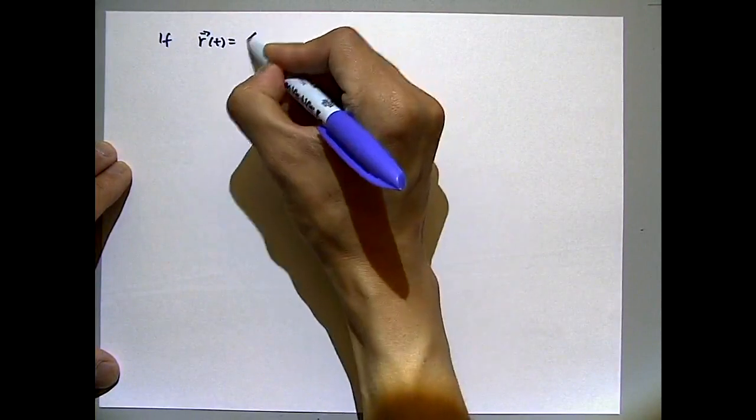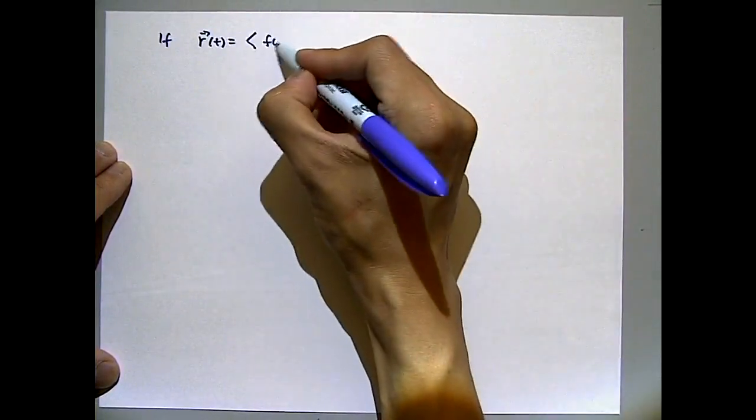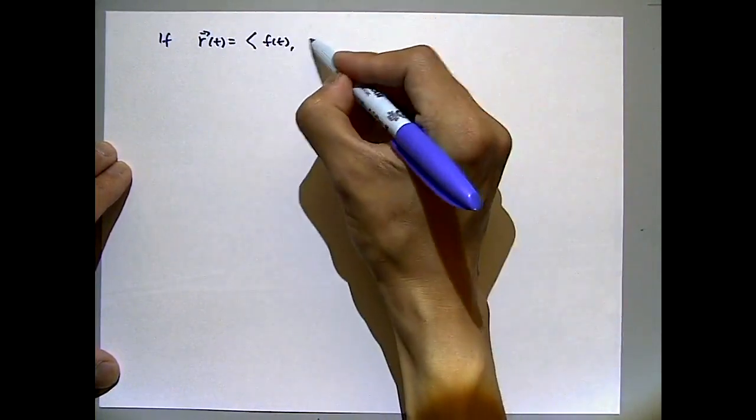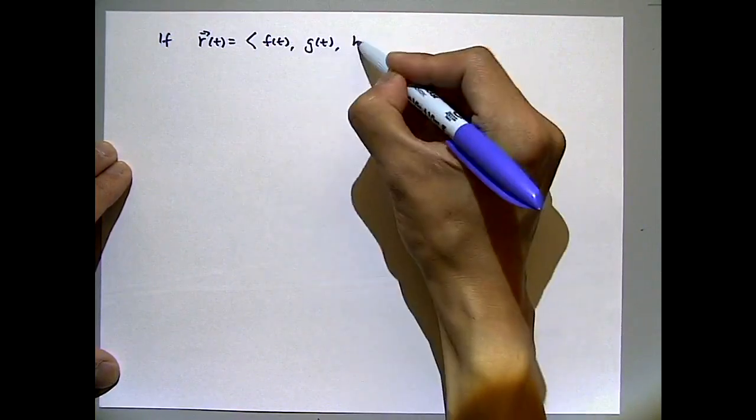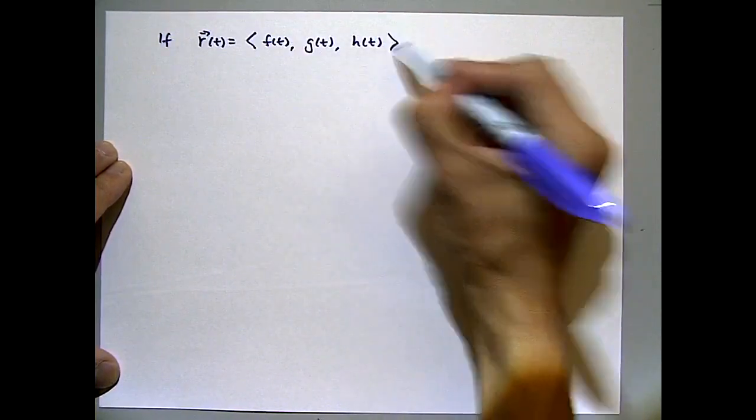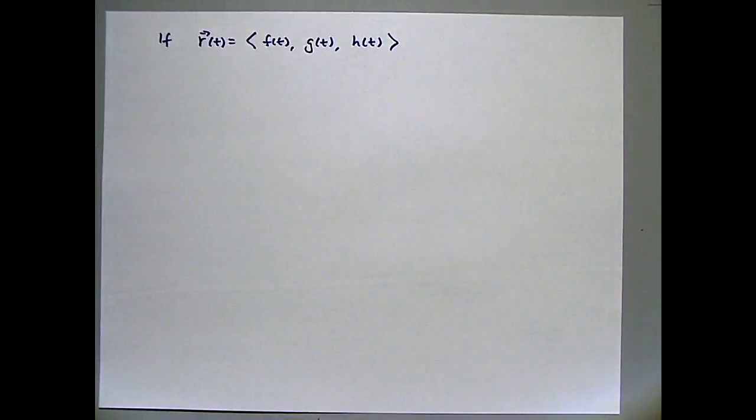So focusing on the three-dimensional vector function here, let's call the x component f, the y component g, and h for the z component.